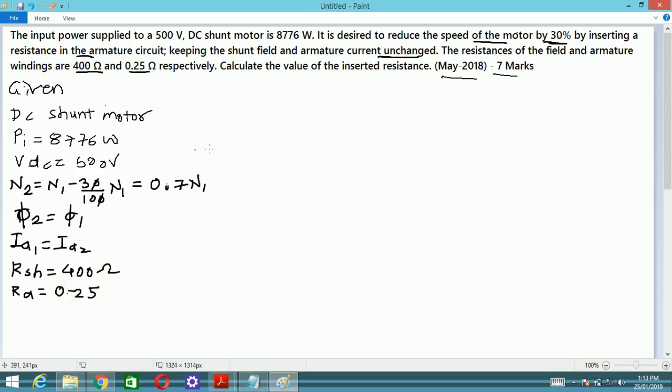What you have to calculate is the value of the inserted resistance, which I denote as R.